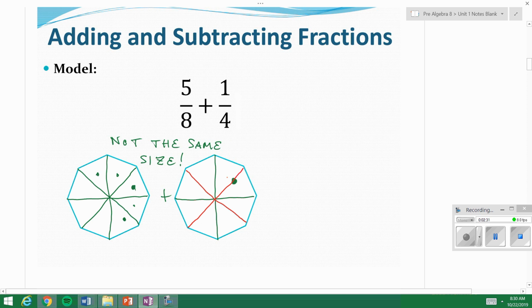The fraction 1/4 is really the same size as, you guessed it, 2/8. So what we are considering when we do this is, okay, 1/4 is really the same size as 2/8. And now you can say that I have 1/8, 2/8, 3/8, 4/8, 5/8, 6/8, 7/8 to be able to quantify how much pizza is being added.